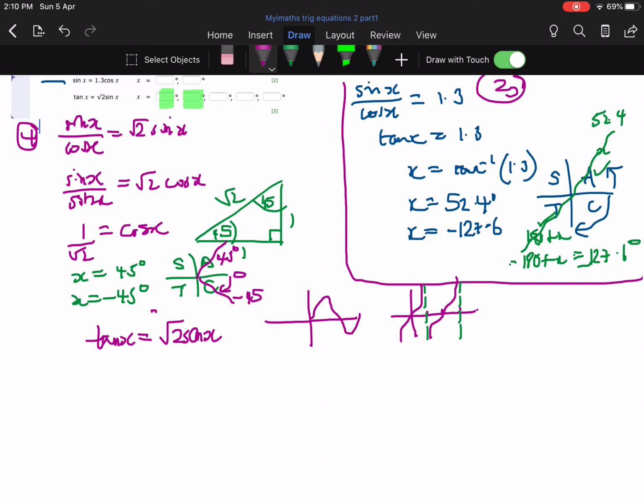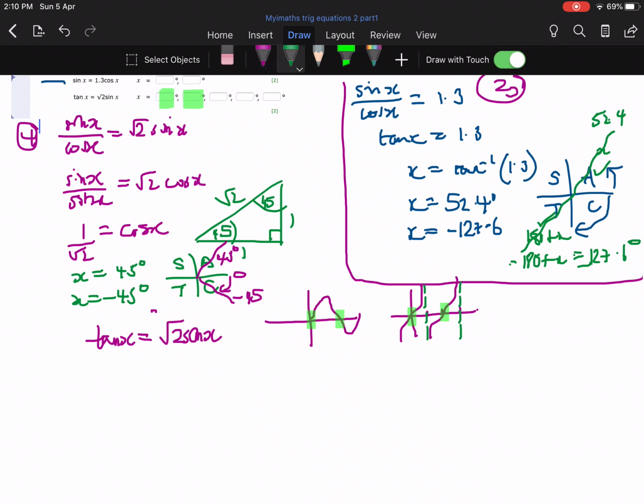So you see that the tan graph cuts at 0, and the sine graph also cuts at 0. You can see that the sine graph cuts at 180, and the tan graph cuts at 180. So just by using a bit of common sense and knowing the graphs, I still haven't touched my calculator.